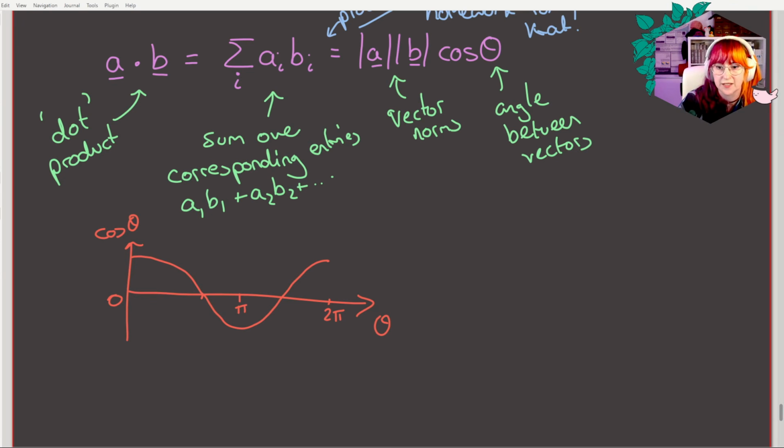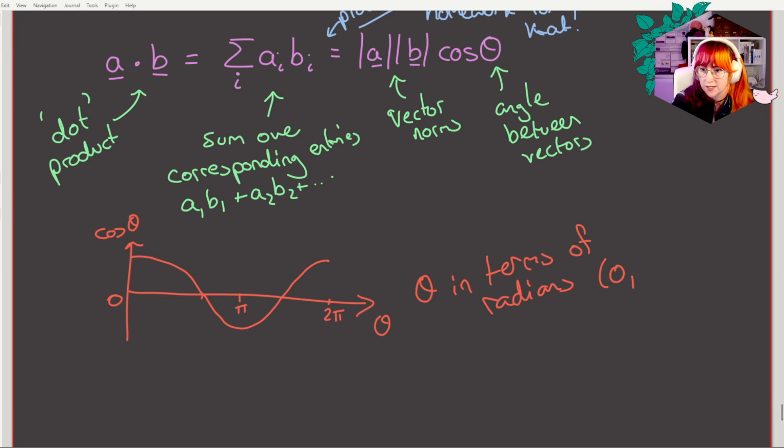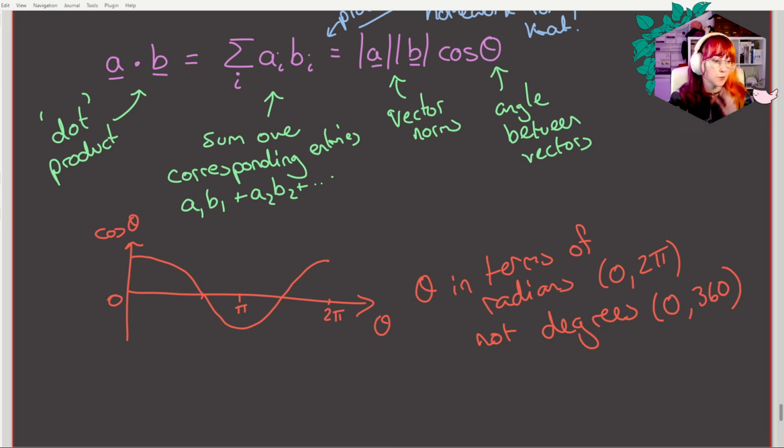And here I'm defining in terms of radians, which are between 0 and 2 pi, not degrees, which is 0 to 360. I will probably be sticking to radians throughout this series, so things to know.